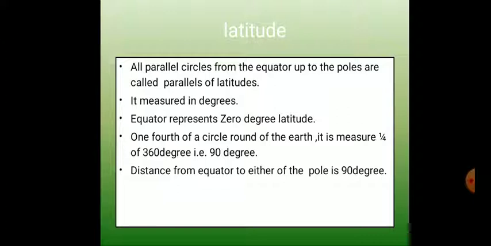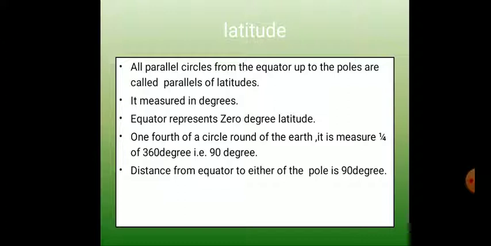So if we imagine the equator as 0 degree, then when we reach the top at the North Pole, we complete 90 degrees. In the same way, when we reach the south, we complete 90 degrees in the south direction.